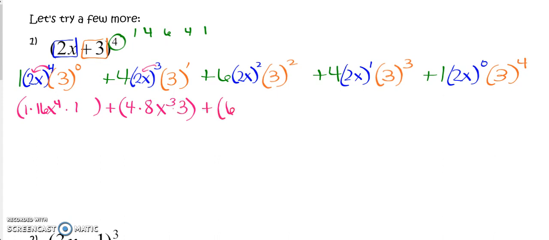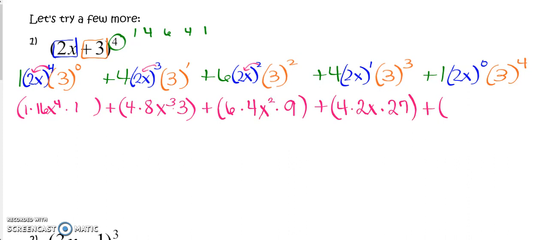Then we have 6 times 2 squared, which is 4, x squared, times 3 squared, which is 9. Then we have 4 times 2x times 27. Then we have 1 times 81.